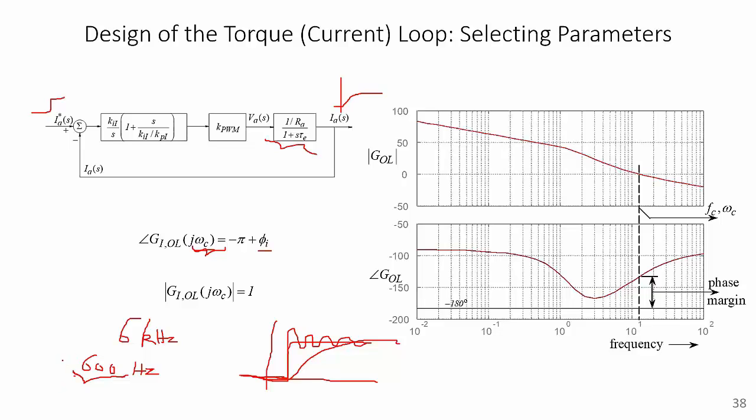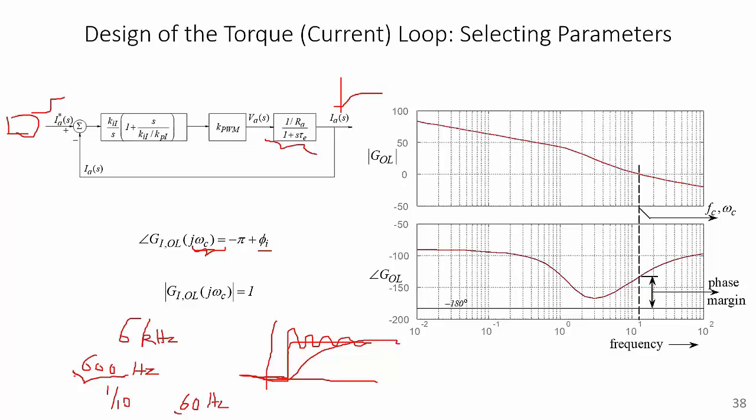The lower range would be limited by any cascaded controller that you have prior to the current controller. So say the current controller is preceded by a speed PI controller, and the crossover frequency for that PI controller would by thumb rule be 1/10th of the inner current bandwidth. So that would be, say, 60 hertz.